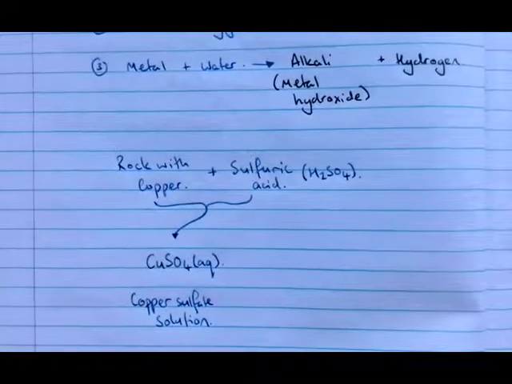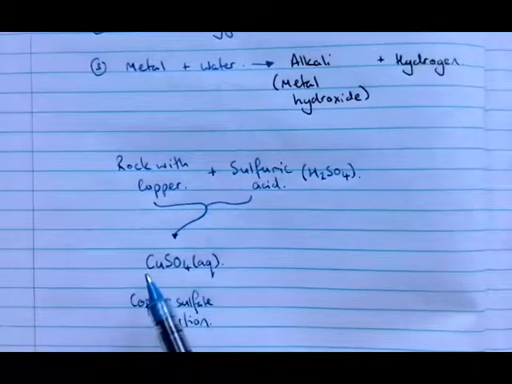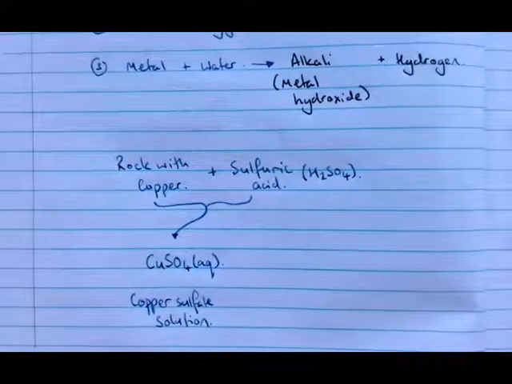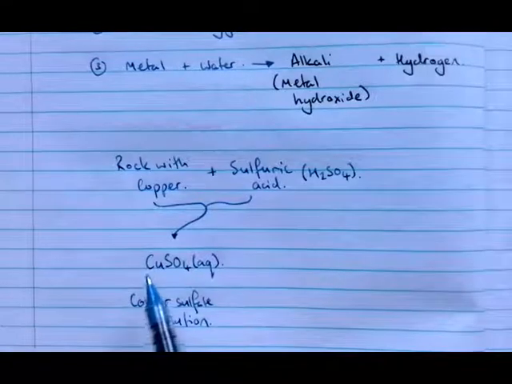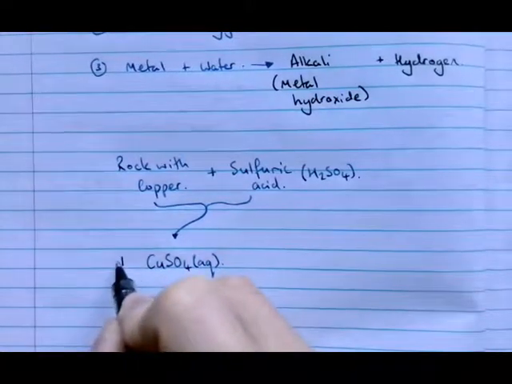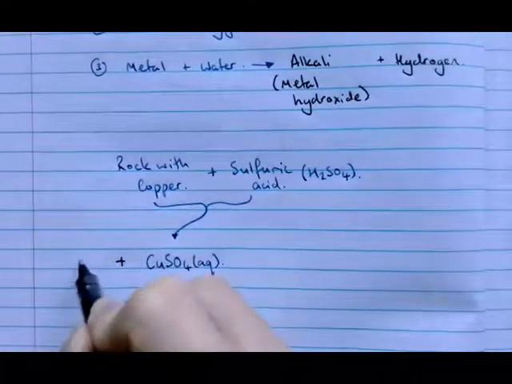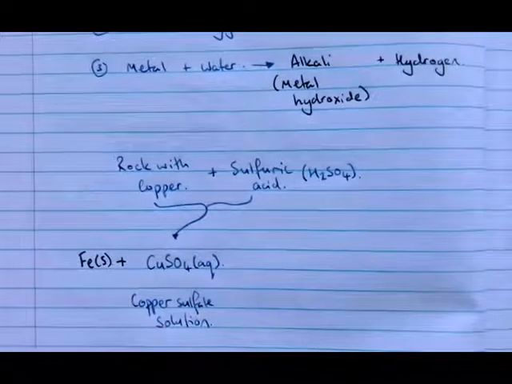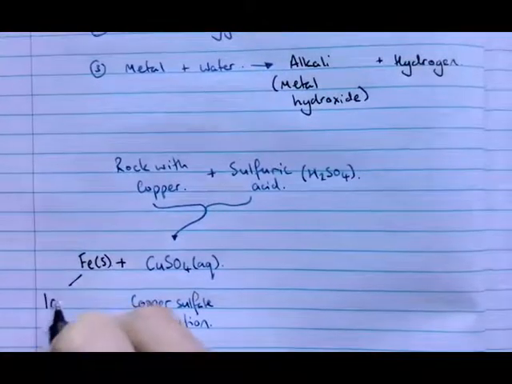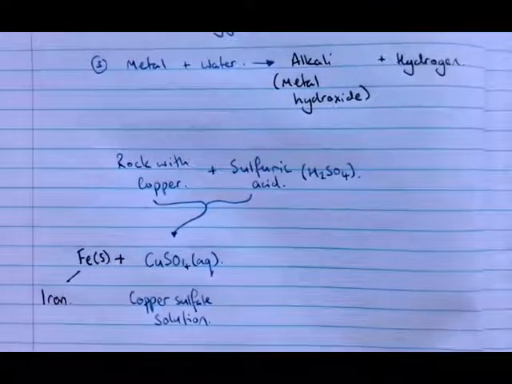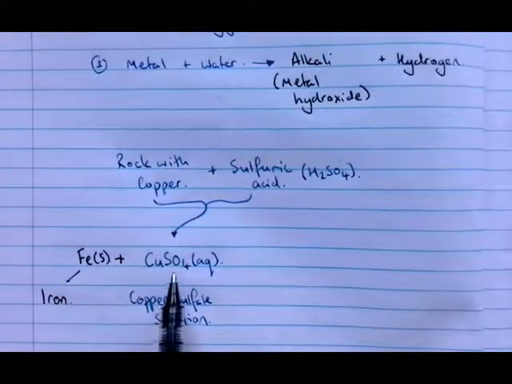All right, well, that's great, but I haven't actually managed to get any copper yet, because now I've got this copper sulfate solution, this nice blue solution. So how do I get my copper out of my copper sulfate solution? Well, what I do is I add to my copper sulfate solution some iron. Okay, so this is iron. It's a metal and it's solid, so I just put a lump of iron metal into my copper sulfate solution.